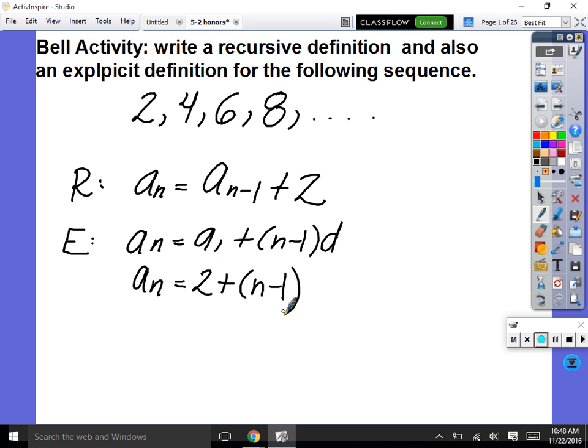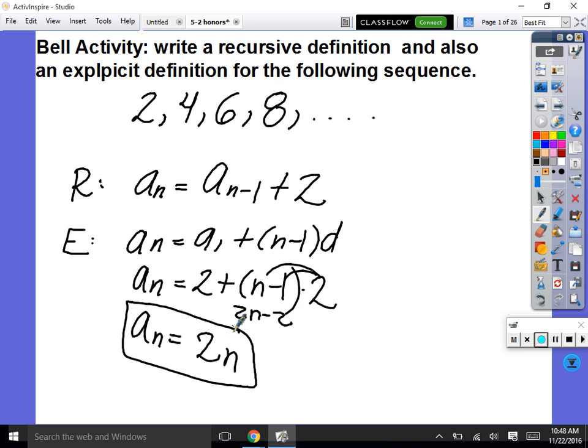The common difference is 2, positive 2, so times 2. Then you would simplify. A sub n is equal to, that's 2n minus 2, correct? 2n minus 2, then you'll combine like terms. 2 minus 2 is 0, so we just have 2n. That would be our explicit definition. Questions on that? That should be pretty straightforward. Okay.